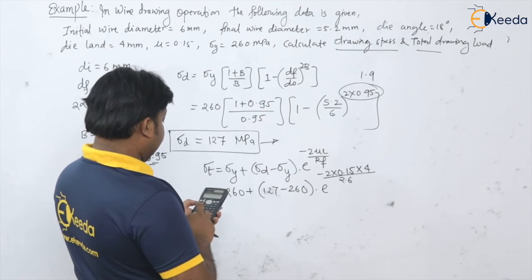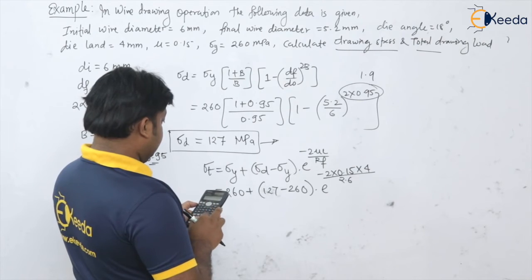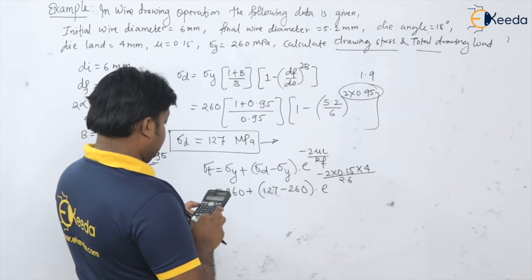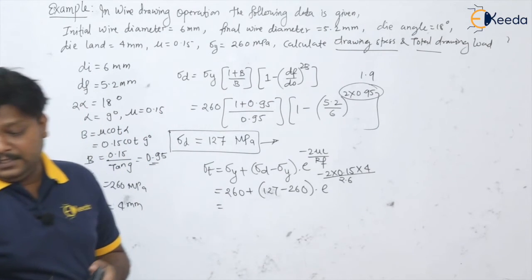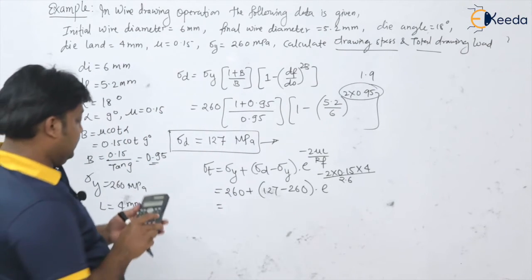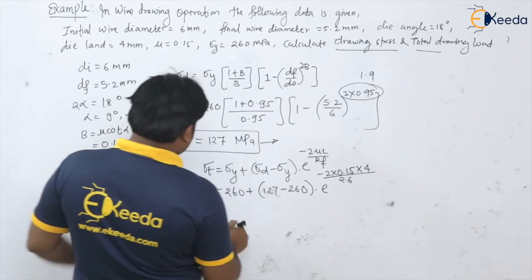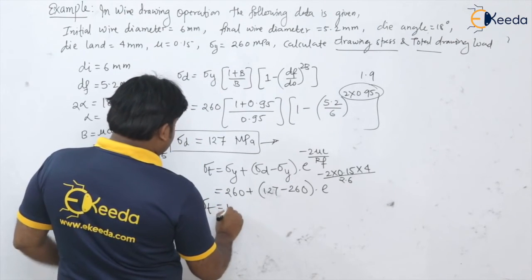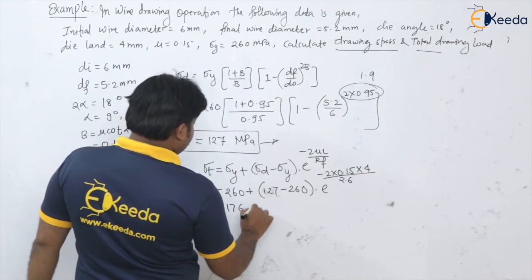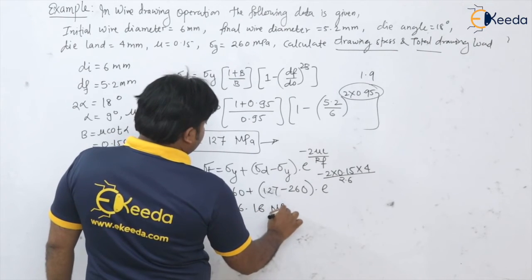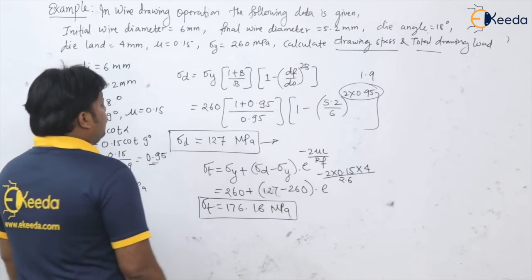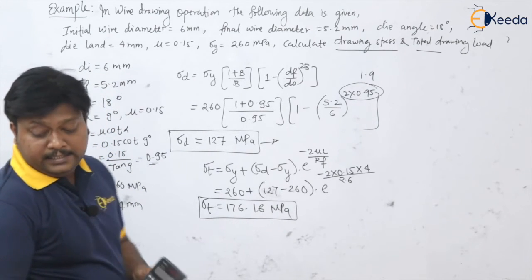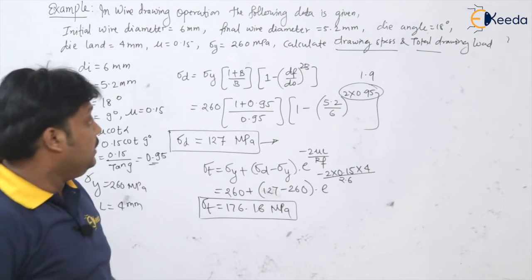So 260 plus the answer is 176.16. Sigma T is 176.16 megapascal. This is the value for the total stress.